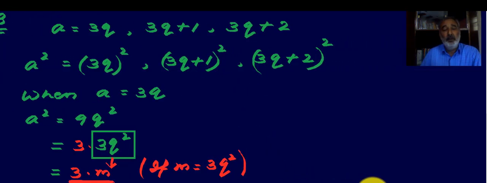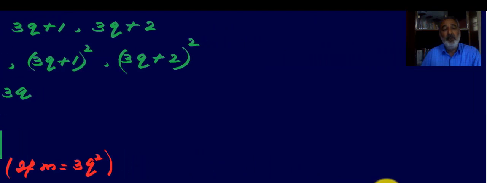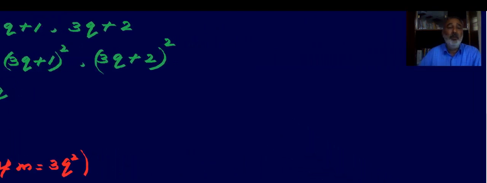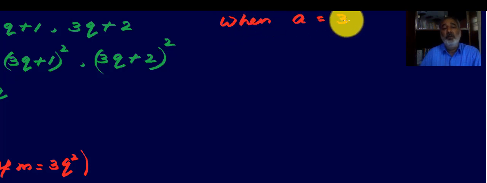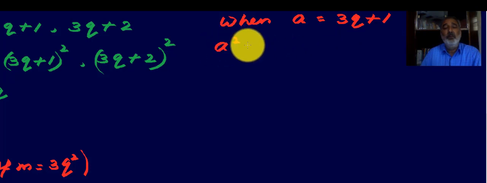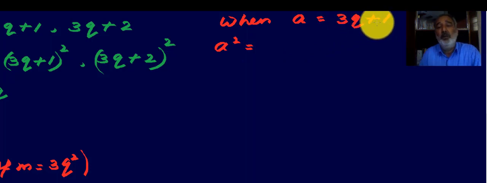I'm taking the second option, when A is 3q plus 1 whole square. When A is equal to 3q plus 1, then A square will be the square of this number, and I have taught you how to find the square of this number. If yes, I write it down directly.